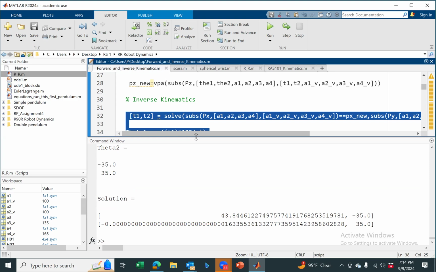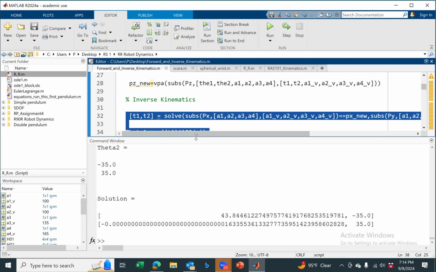If my theta 1 is 43, my theta 2 is minus 35, I get the same end effector position. If my theta 1 is 0, this is numerically 0, and my theta 2 is 35, I get the same position. So in this case, my inverse kinematics problem had two solutions, and MATLAB gave me these two solutions.